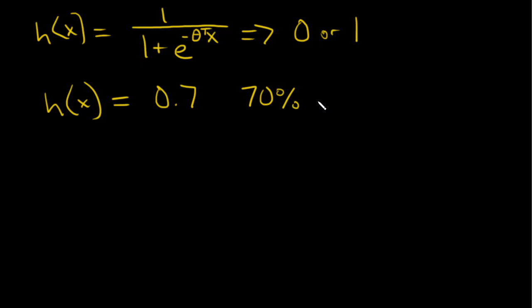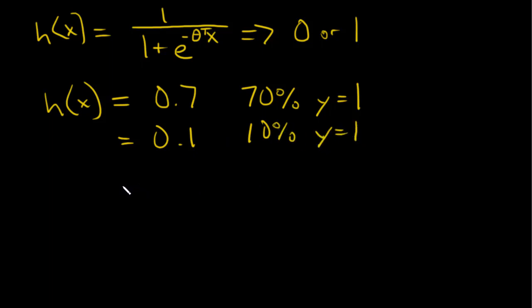So 70% chance that y is equal to 1. Same thing if we have low probability, though I keep saying probability, it does not map one-to-one into the probability. We have maybe 10% chance that y is equal to 1.